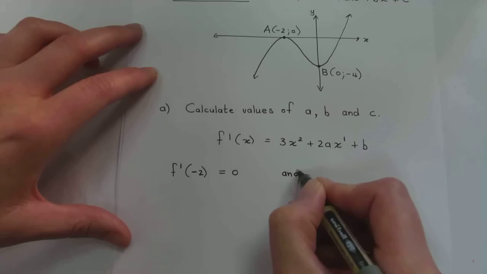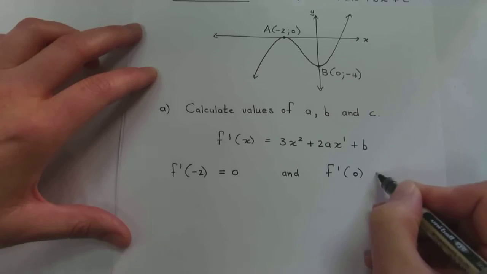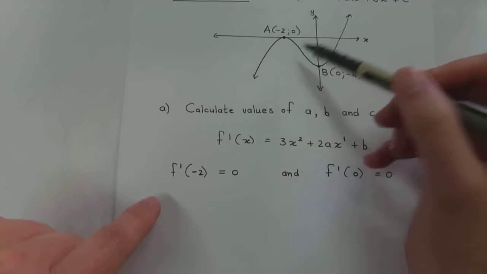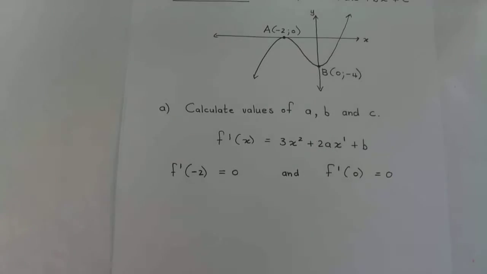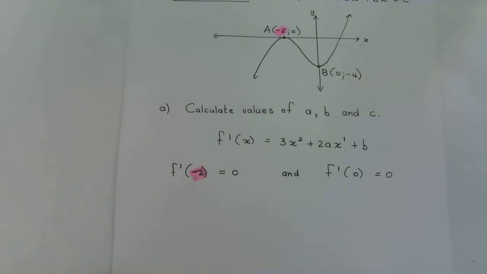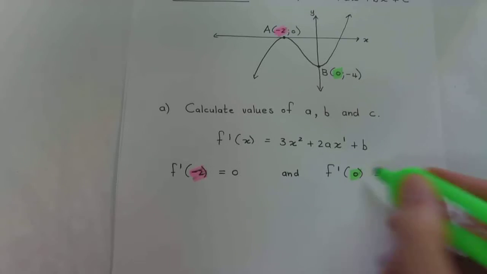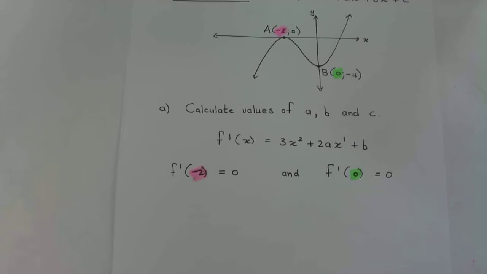And then secondly, the first derivative of 0 is equal to 0. And that's specifically because I've substituted the x coordinate of point A into the first derivative. Sorry, that got a bit messy. And I've substituted the x coordinate of B into that first derivative. And I've set it equal to 0.